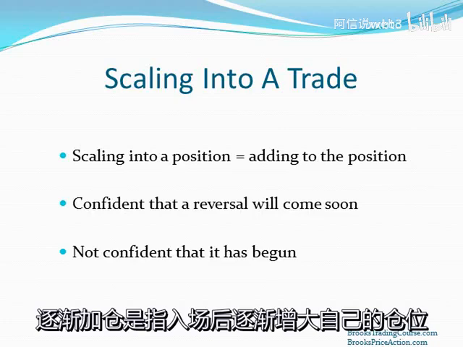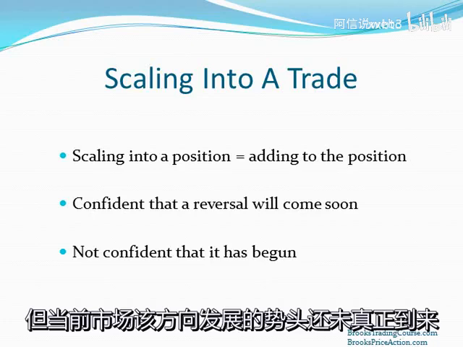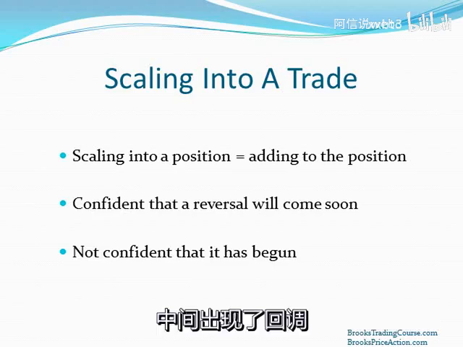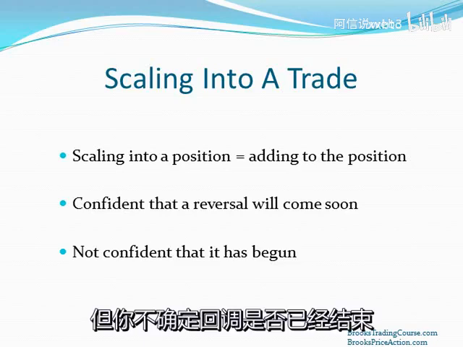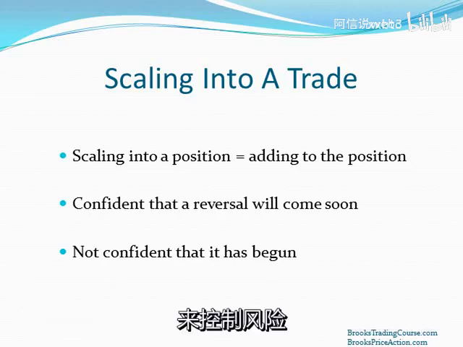Scaling into a trade simply means adding to your current position when you're confident that the trade will go your way soon, although you're not yet confident that the market has begun to go in the direction that you anticipate. For example, let's say you're in a bull trend and the market has a pullback and there is a buy signal, and you take the buy signal, but you're not sure that the correction has fully ended, but you're willing to rely on a swing stop below the bottom of the bull spike.